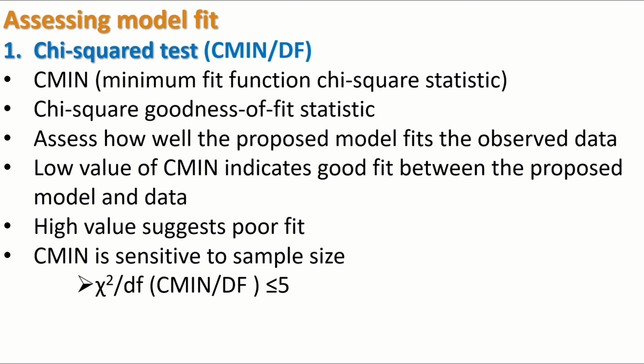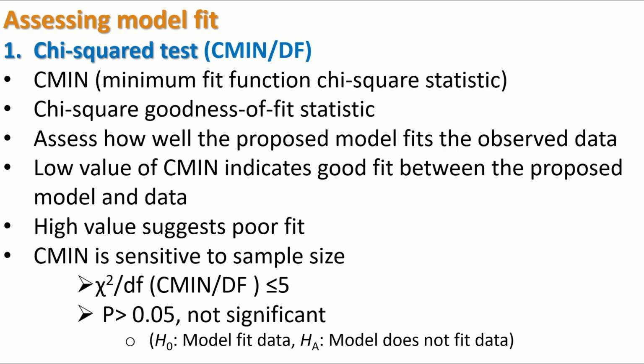CMIN divided by DF should be equal to or less than 5. And the significance level should be greater than 0.05, so it should be non-significant, as the null hypothesis states that the model fits the data, and the alternative hypothesis states that the model does not fit the data.